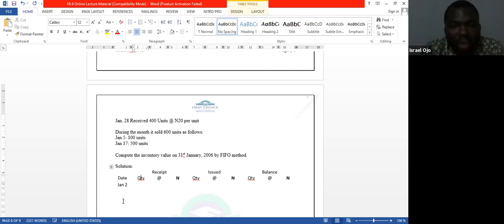We put 500 units at 20 naira. 500 times 20 gives us 10,000. Then you go to balance. Under balance, you put your quantity because there is no opening balance given to us. So we put the quantity of 500 at 20, which gives us 10,000. So you go back to the question given to us.